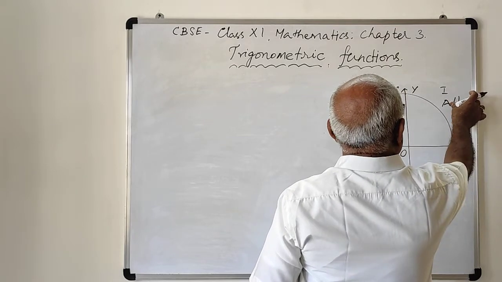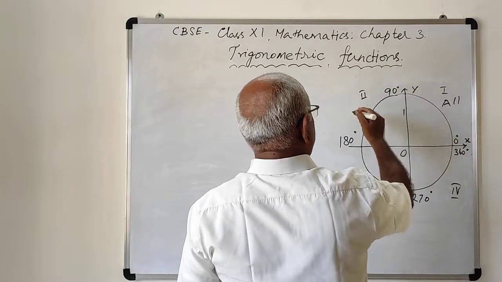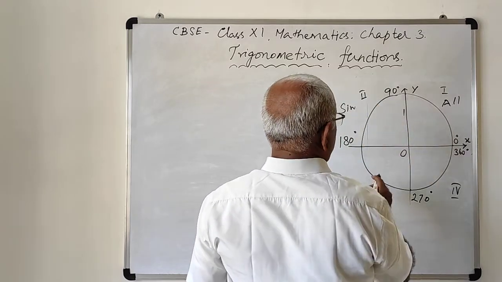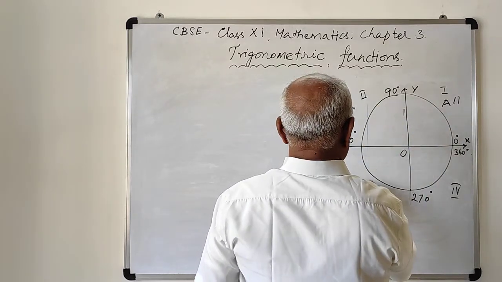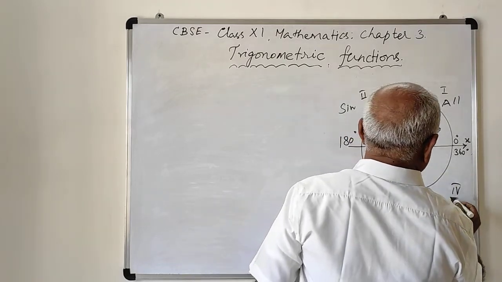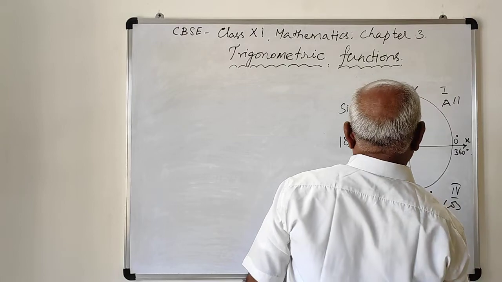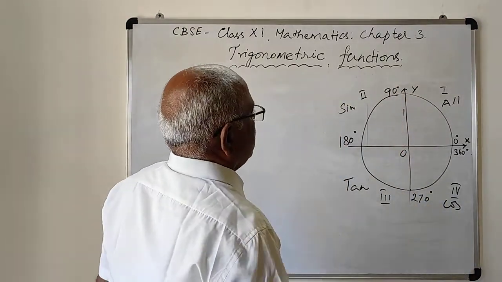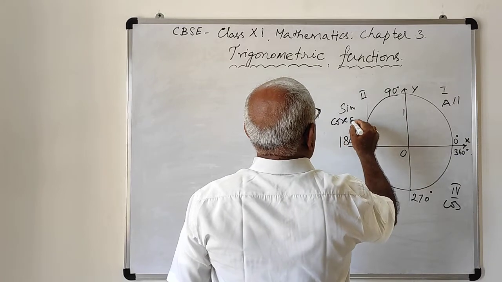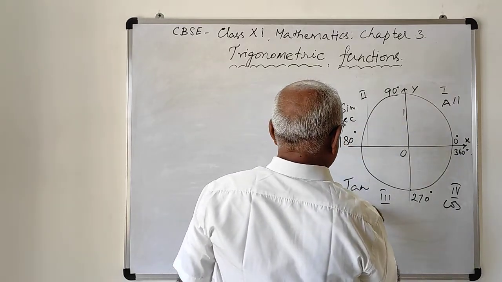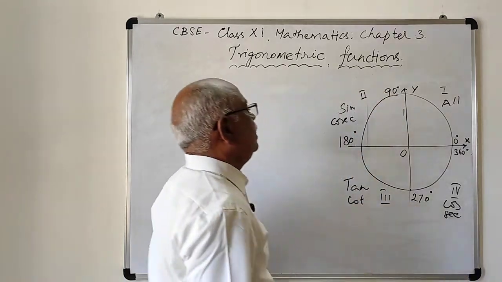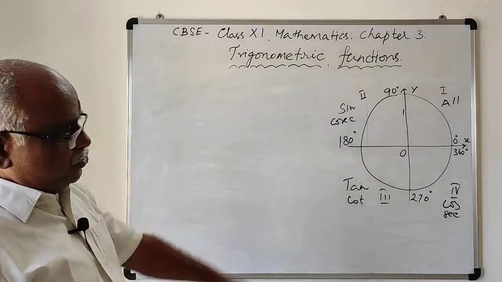And in the second quadrant, sine is positive, and tan and cot are positive in the third quadrant. Fourth quadrant, cos and secant. So first quadrant all positive, second quadrant sine and its reciprocal cosecant, tan and cot in the third quadrant, fourth quadrant cos and secant give you the positive sign.